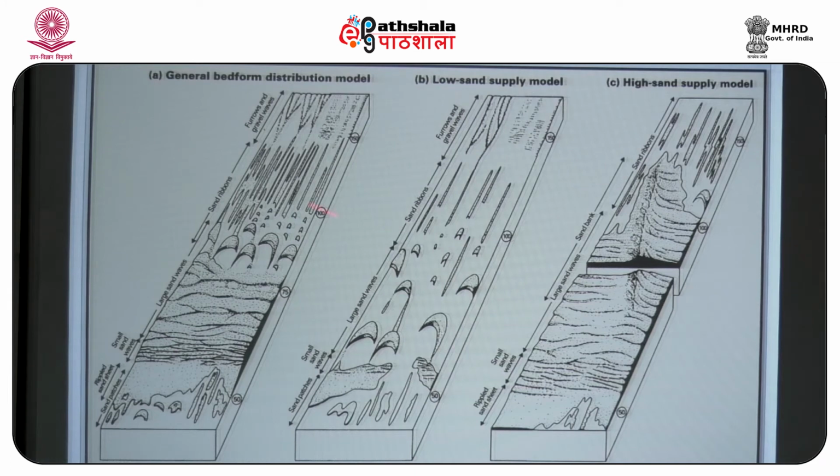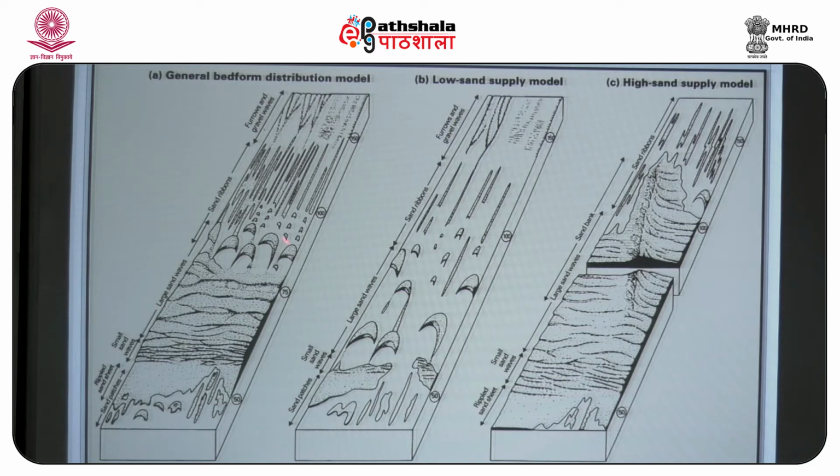Now, look at this picture. This picture is showing the general distribution of bed forms in a tide dominated shelf. This is the general model. Land is towards the bottom, that is, the depth of water increases northward, toward the top.